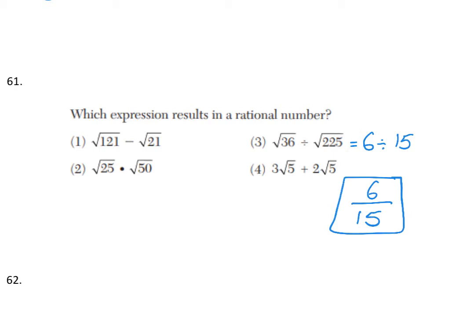Why? Because rational is a ratio of 2 integers, integer over integer. 6 is an integer and 15 is an integer, and since we have a ratio of integers, number 3 is going to be the correct answer.